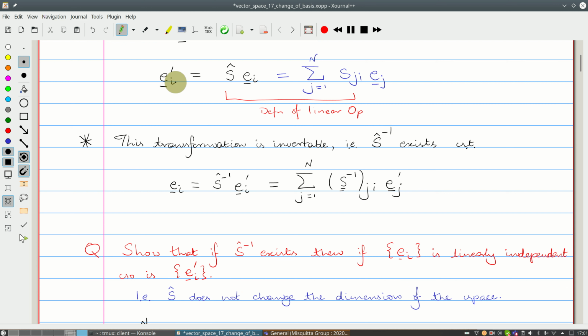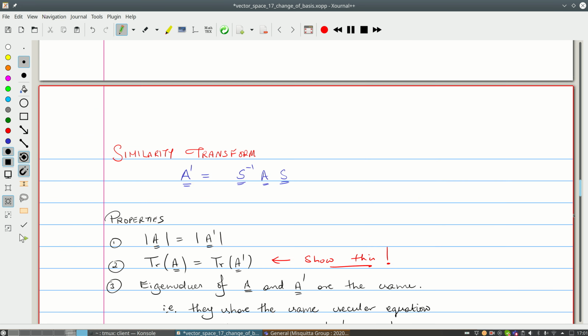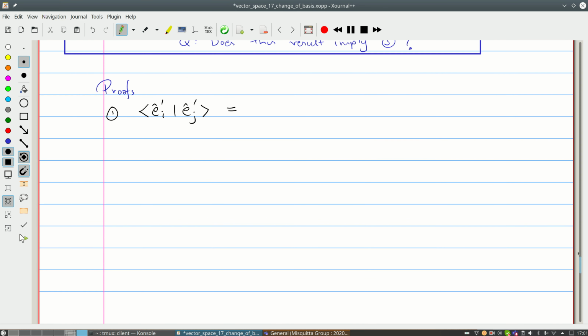Here we are. e_i prime is equal to S operating on e_i, and this is given by the sum. So we need to use the sums now. So e_i prime is equal to the sum over k of S_ki e_k hat. Similarly, for e_j hat prime, we'll have to use a different index.